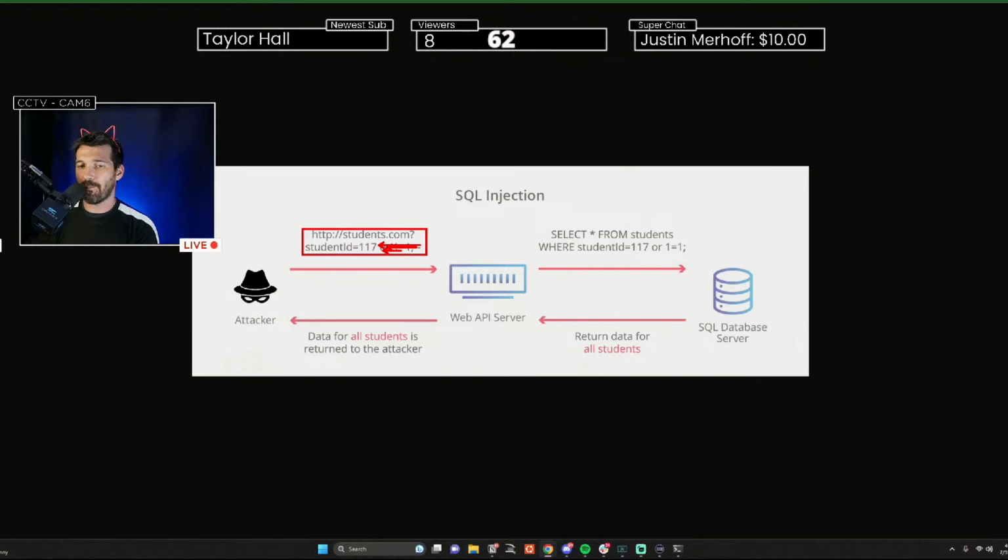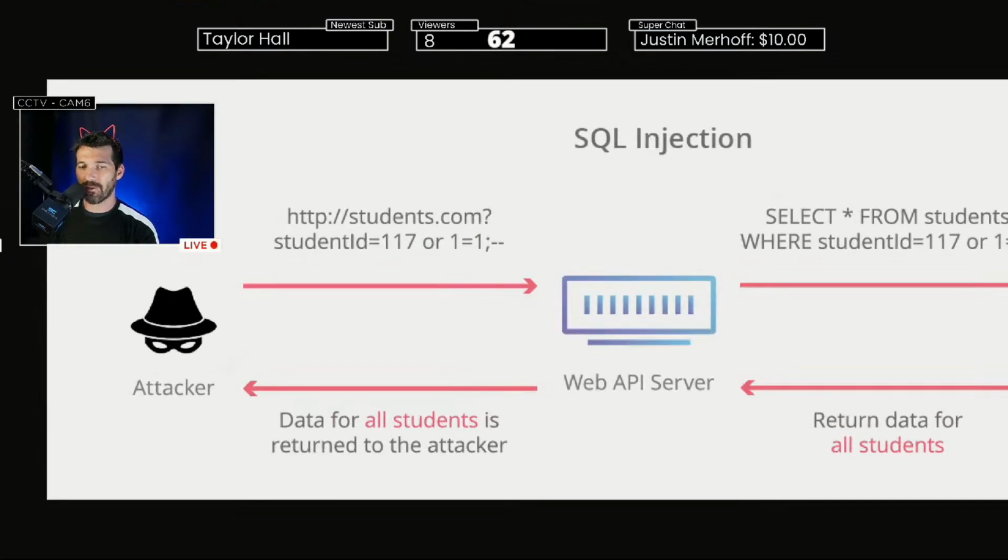You log in or whatever, and you're student 117, and it comes back with your information, okay? Well, because the SQL language is the way it is, you can say or, and then add another argument. In this case, 1 equals 1, okay? Now, 1 equals 1 is always going to be true, right? So it will return everything.